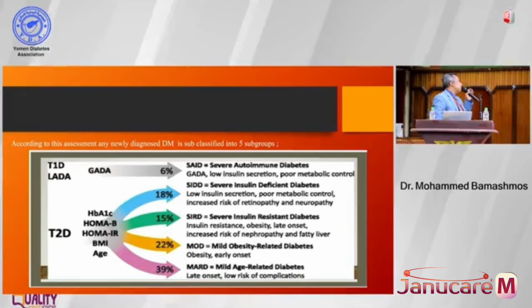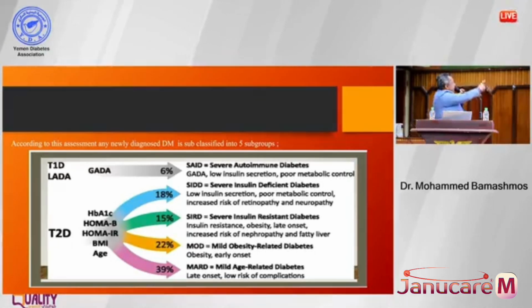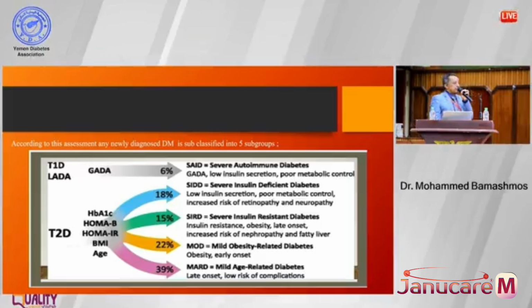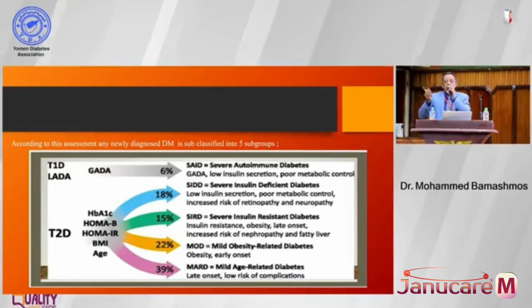This is very important. Type 2 diabetes, as previously called, nowadays according to the A1C, body mass index, and age is classified. The first is severe insulin deficient diabetes, which accounts for 18%. They call it ketosis prone diabetes, but actually it is severe insulin deficient diabetes.